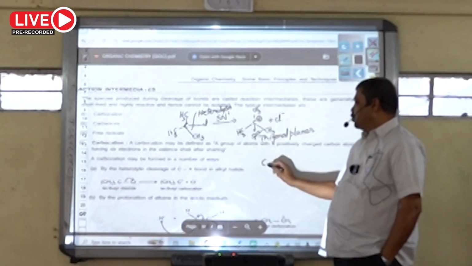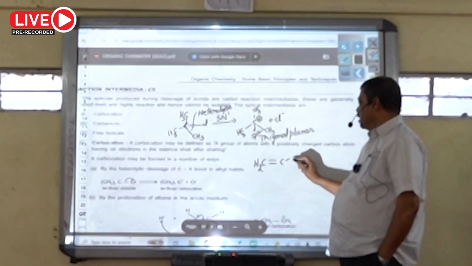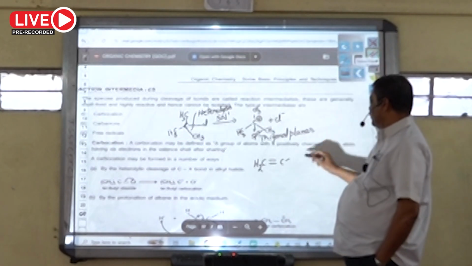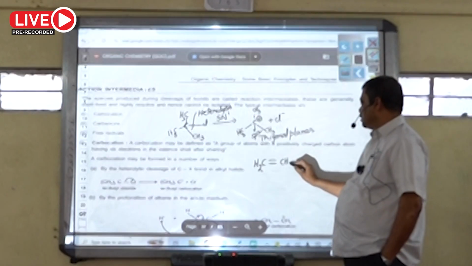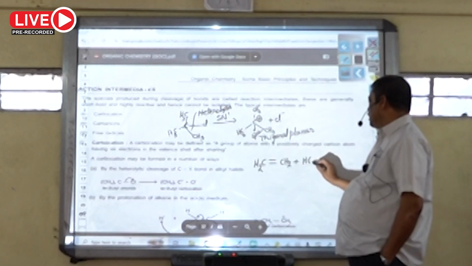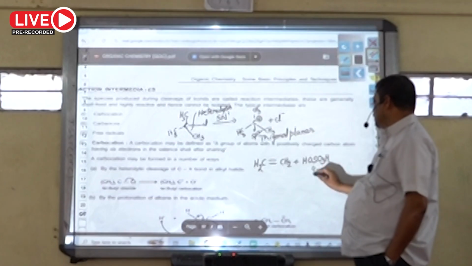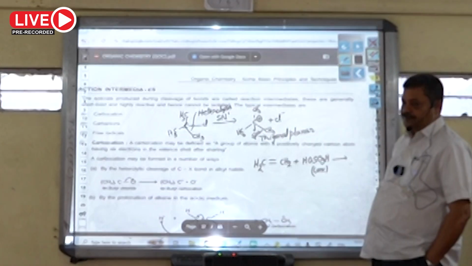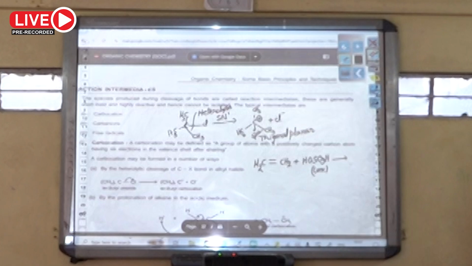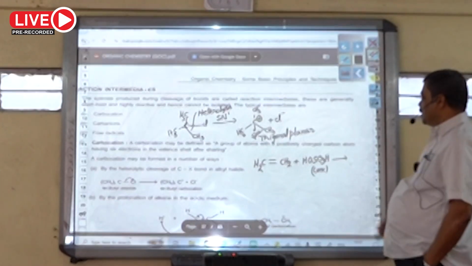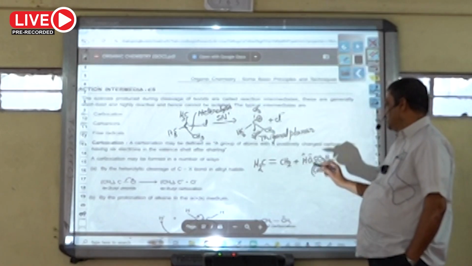Now the second way of producing carbocations, when alkene is treated with concentrated sulfuric acid. CH2=CH2 plus H2SO4, I wrote H plus and HSO4 minus.